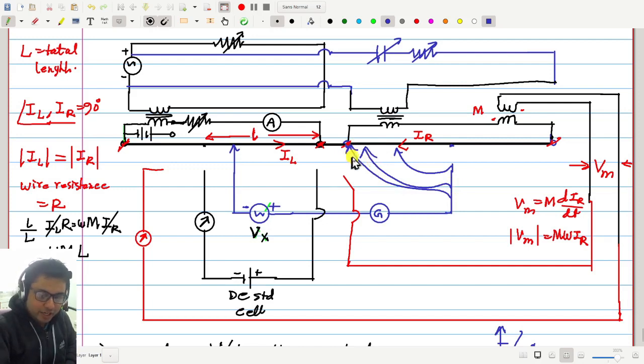So then you will recognize that this potential is required to be reversed. Now next I will ask, how will you reverse the direction of potential in this way without doing much change?